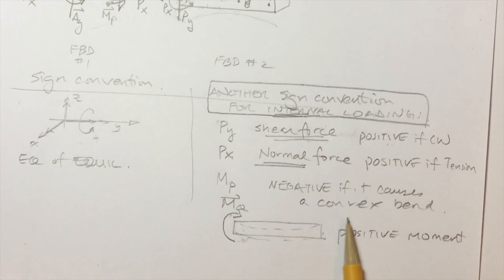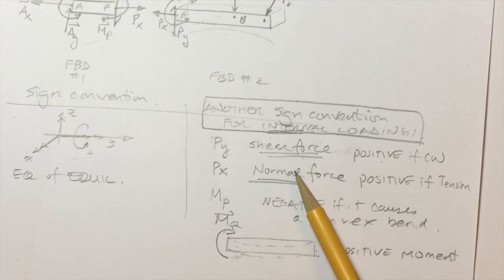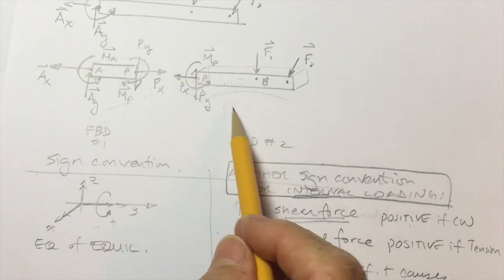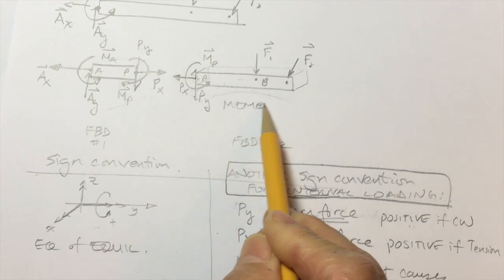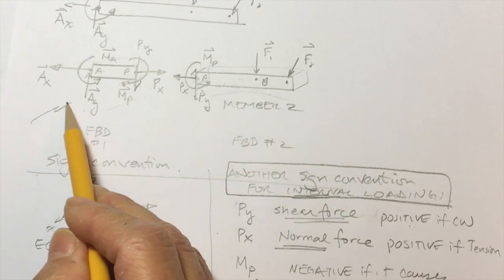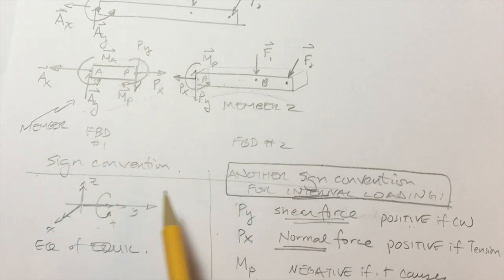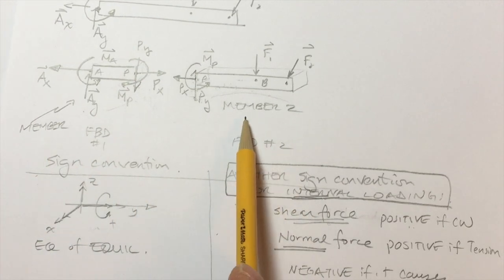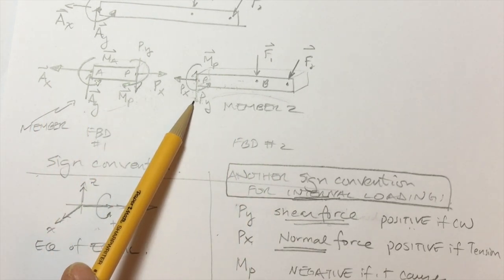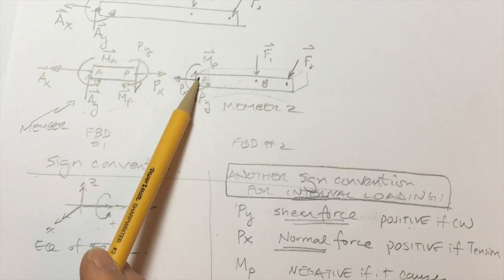However, if I'm trying to communicate with you and I want to describe those forces at this internal section, I'll say on member 2, we'll call this member 2 and we'll call this member 1, there is a positive shear force and a positive normal force with a negative moment.